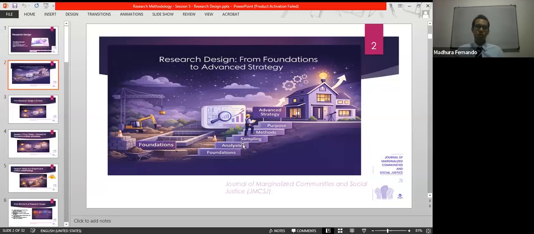Everything you know, and you can come up with the research purpose. Once you finish all these phases, you can come up with the clear research purpose.